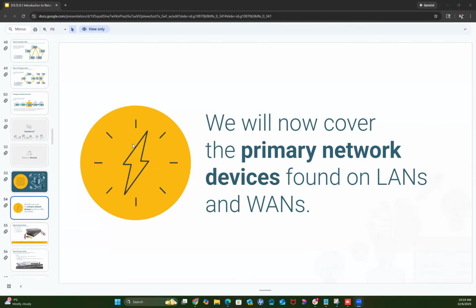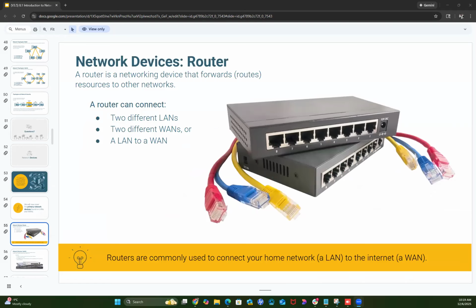We'll now cover the primary network devices found on LAN and WAN. First is the router. So what is a router? A router is a networking device that forwards resources to other networks. This is called a router.